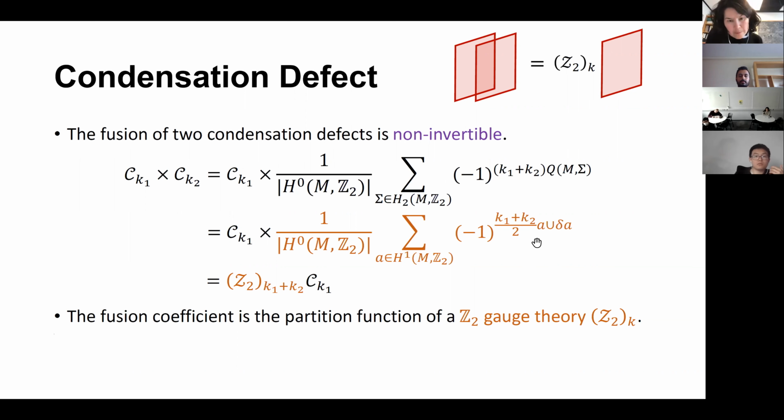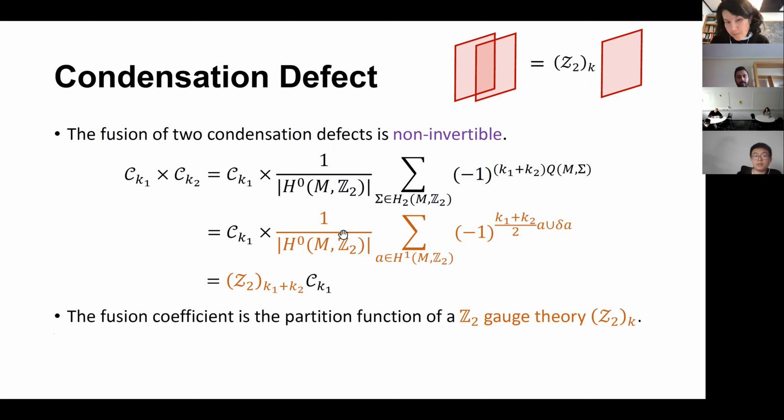And now we can just use a trick by doing Poincare duality. By taking the Poincare dual, the surface sigma will turn into a Z2 cocycle on the manifold N. And then we can rewrite this sum into a sum which involves the topological action of this Z2 cocycle, which is given by A cup delta A with coefficient K1 plus K2.